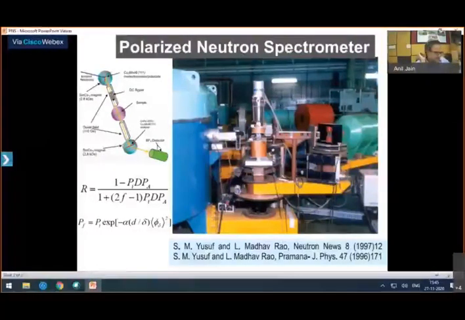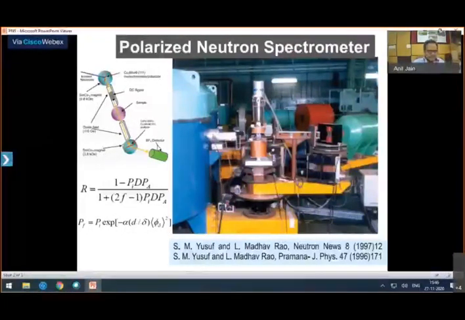Generally, suppose you have a ferromagnet and the magnetic intensity is very, very weak in comparison to the nuclear intensity. What you do in those cases is measure the flipping ratio by the up and down process.